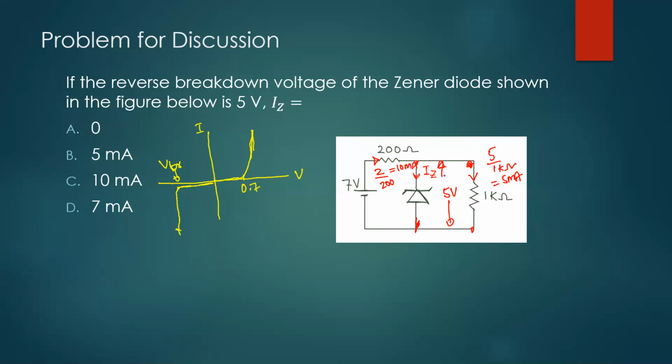Now, if I use the junction rule, 10 milliamperes is coming towards this junction. Out of that, 5 milliamperes went in the other direction. So what current goes through the Zener diode? The remaining, which is 5 milliamperes. So the answer should be B. So you understand this? Yeah.